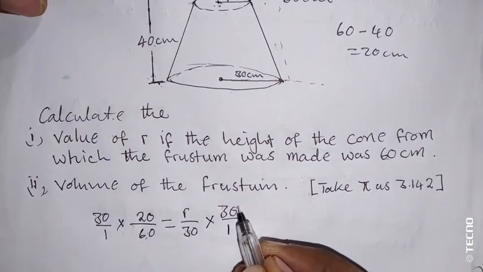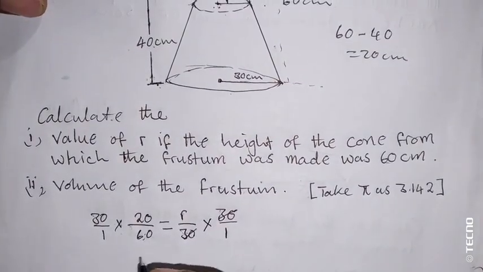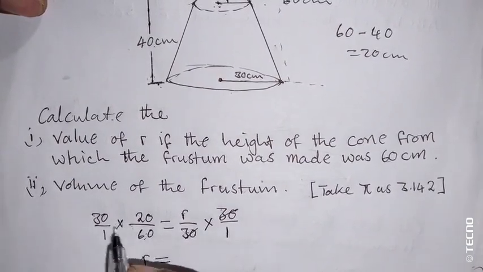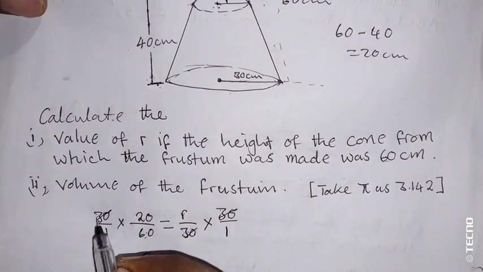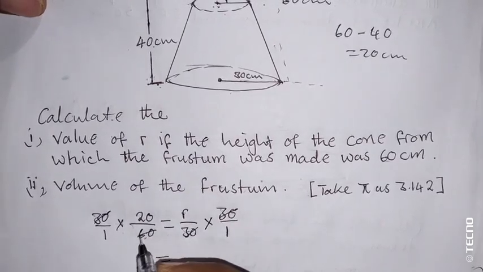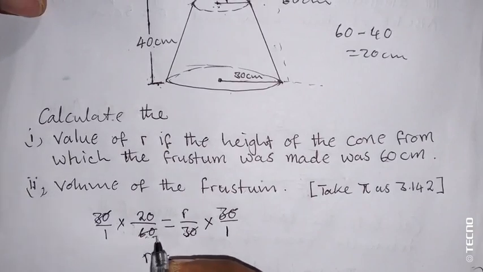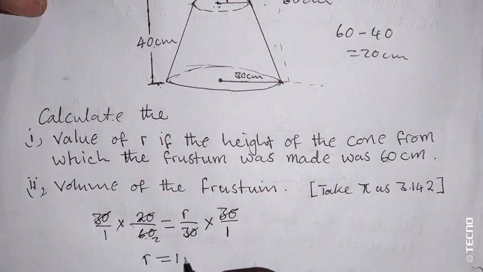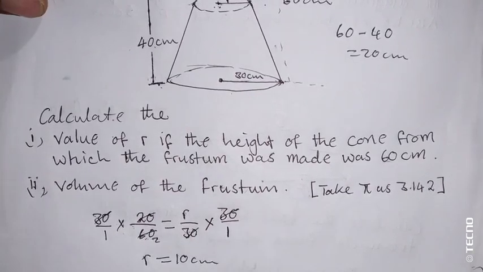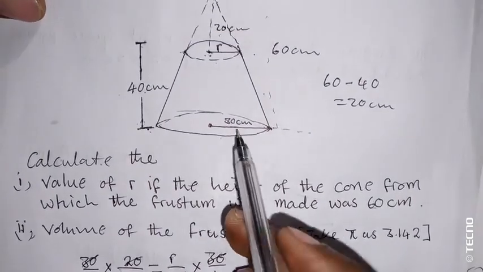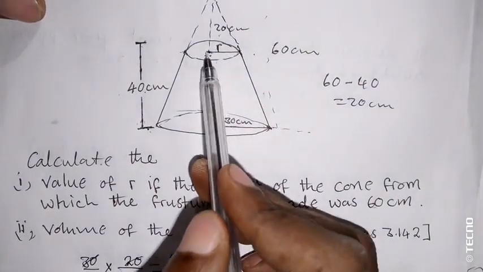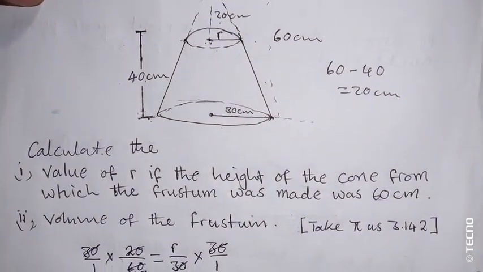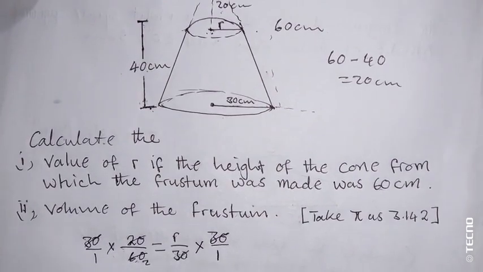The 30 there will go and we remain with R, which is equal to 30 into 20 over 60, which is 10 centimeter. So the top length there is 10 centimeters. This is our answer.